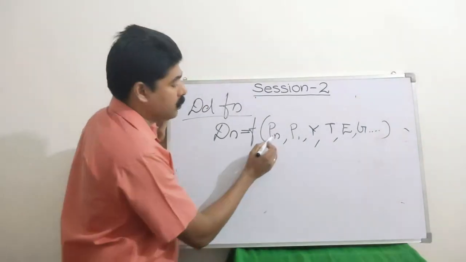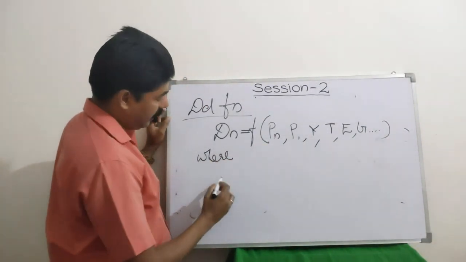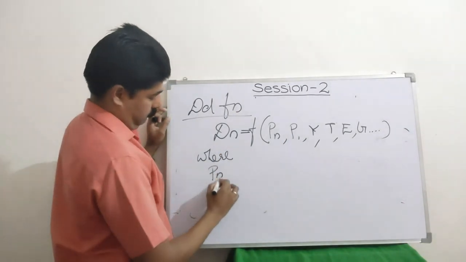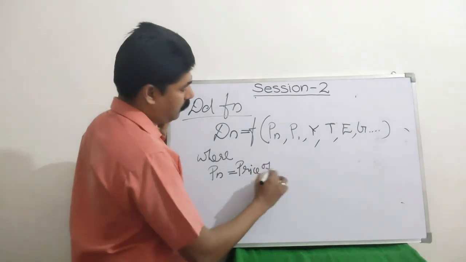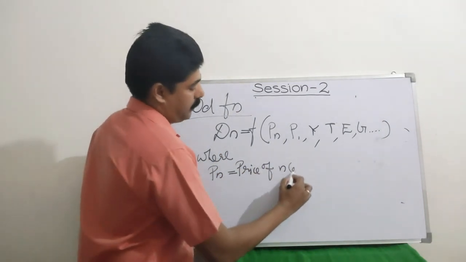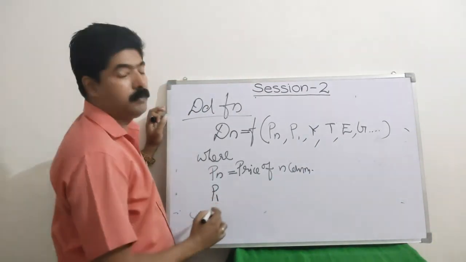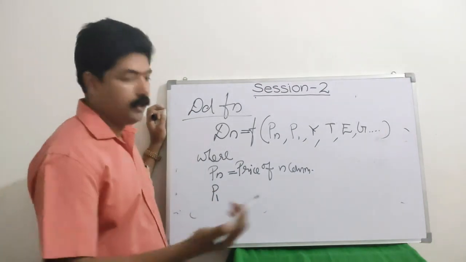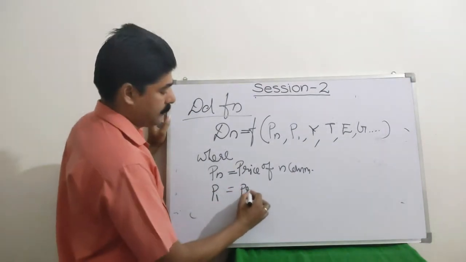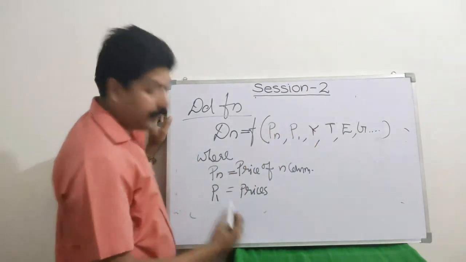Pn means price of n commodity. P1, P2, P3 and P4 mean various other prices. Then Y for income.